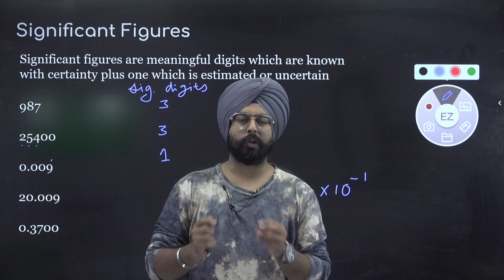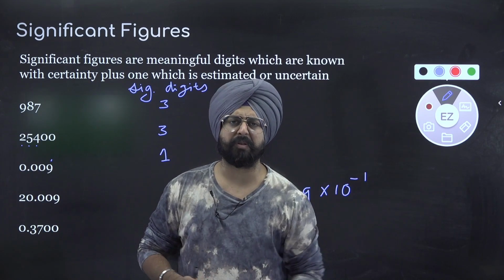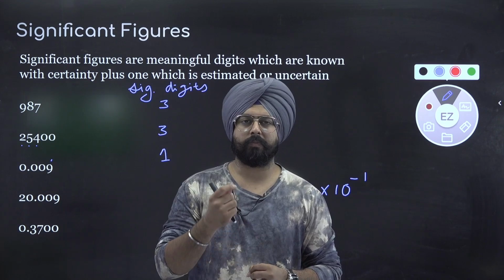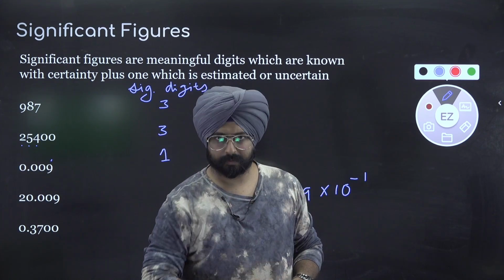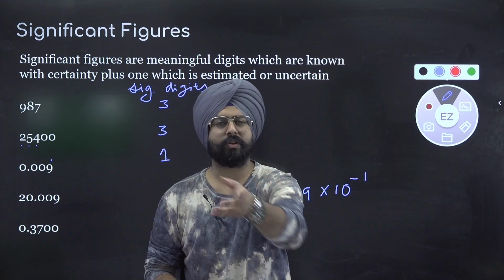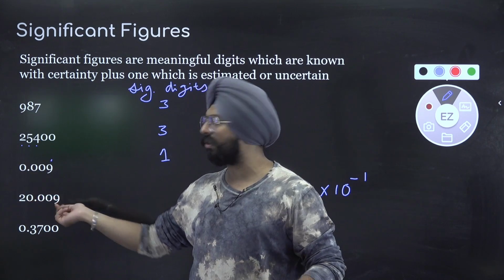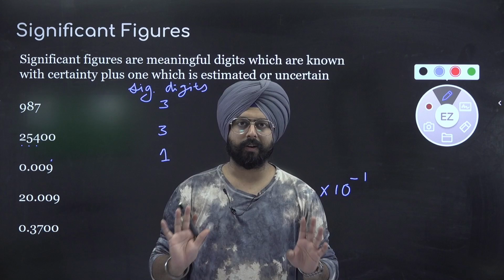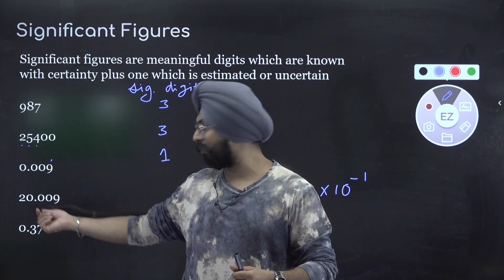Let's say you are measuring the weight of some very, very expensive substance. Imagine there's a substance which sells for 1,000 rupees for 0.001 grams. Now, if this 20.009 becomes 20.008, 1,000 rupee loss. Do you understand? Okay, so that 0.001 is also important over here.